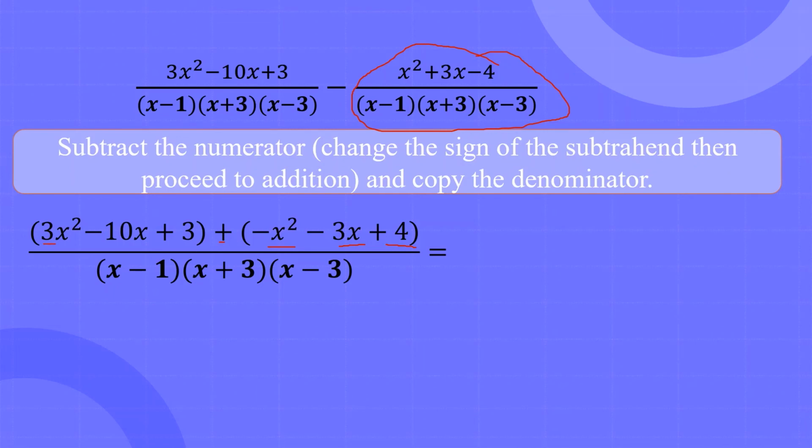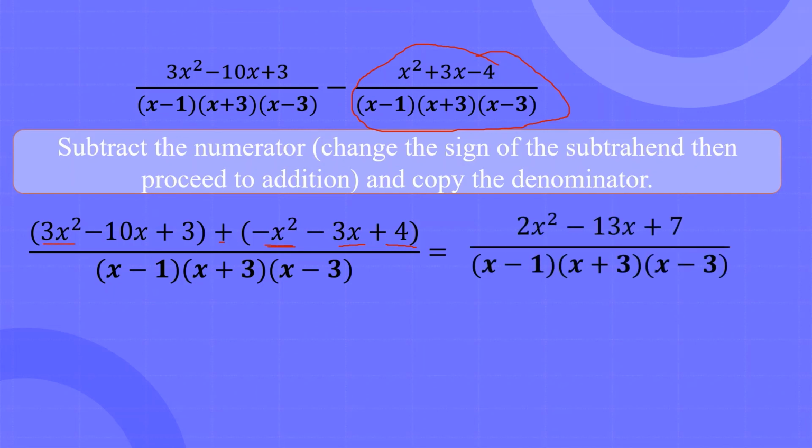So we have 3x squared plus negative x squared, which is equivalent to 2x squared. Then negative 10x plus negative 3x is equal to negative 13x. Then 3 plus 4 is equal to 7.